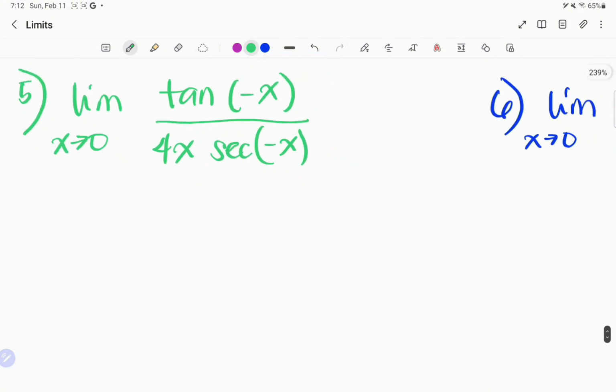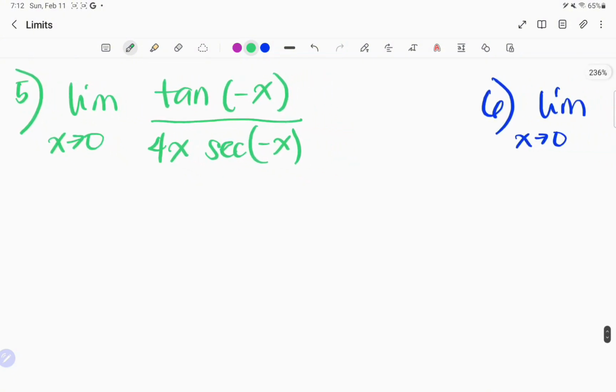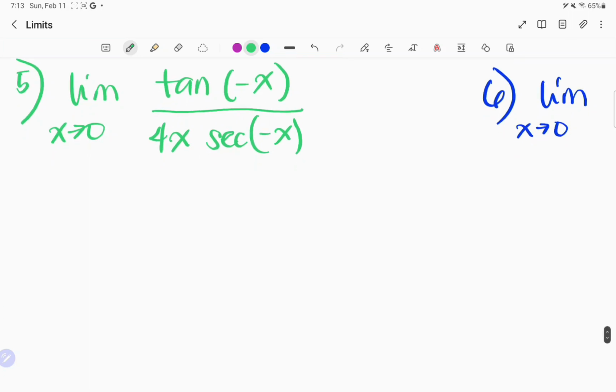But let's see. So we have tangent of negative x. We can rewrite this as negative of tangent x using the odd-even identity. So we could say that the limit of tangent of negative x is the same as negative tangent x over 4x.